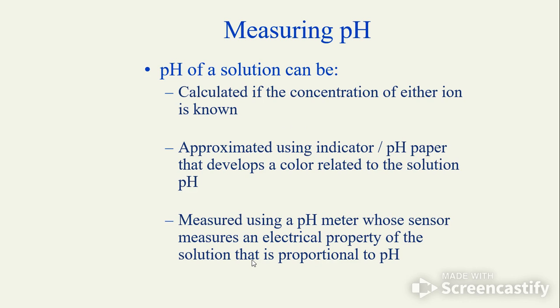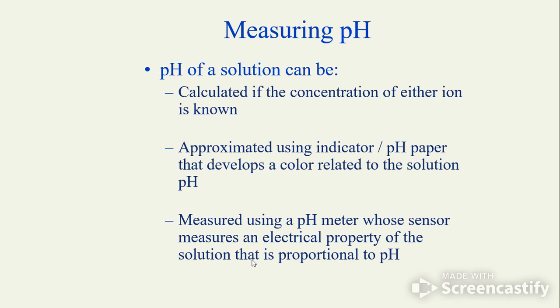So how do we measure pH of a solution? pH can be calculated if the concentration of either the hydronium or hydroxide ion is known, or it can be approximated using an indicator or a pH paper that develops a color related to the solution pH.